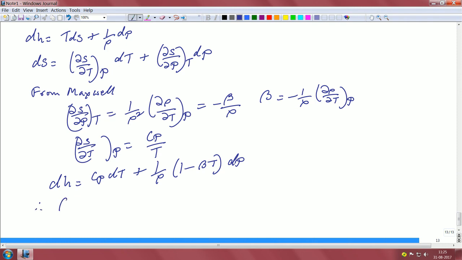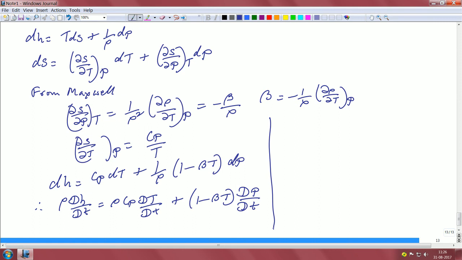Therefore, rho dH/dt is rho Cp dT/dt plus (1 minus beta T) dP/dt.